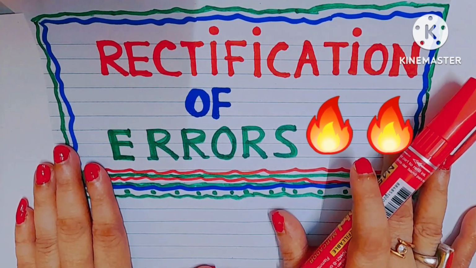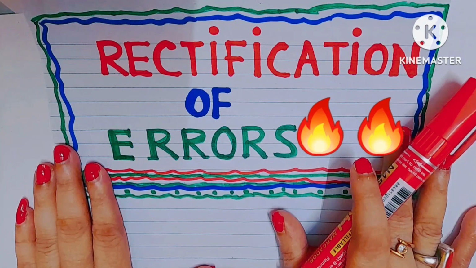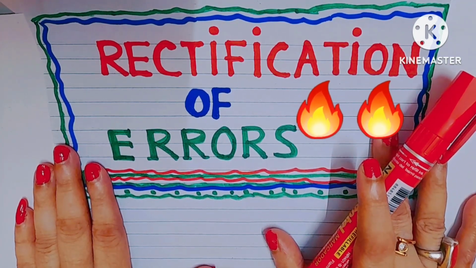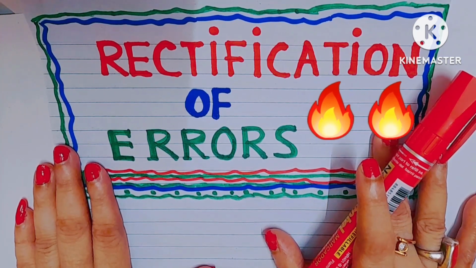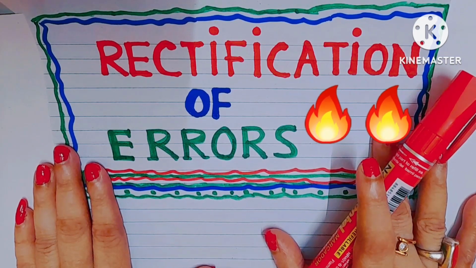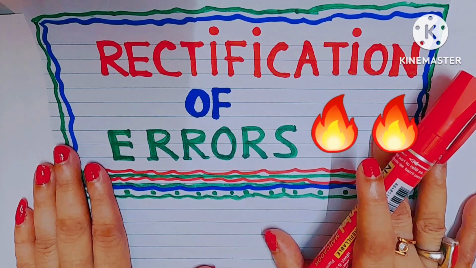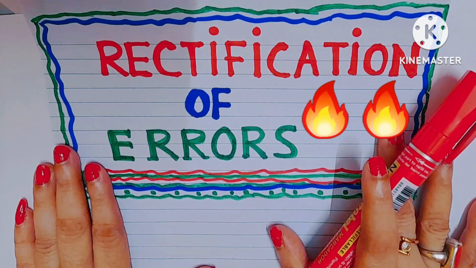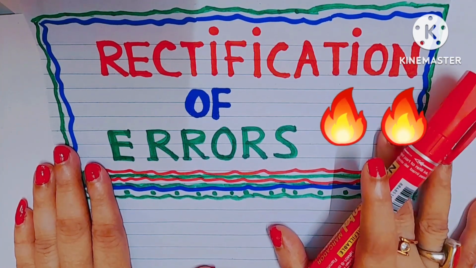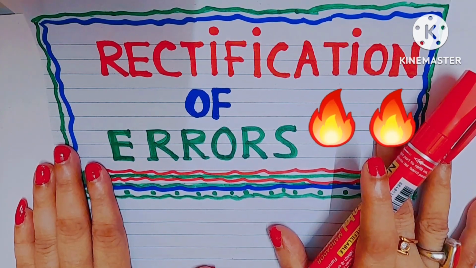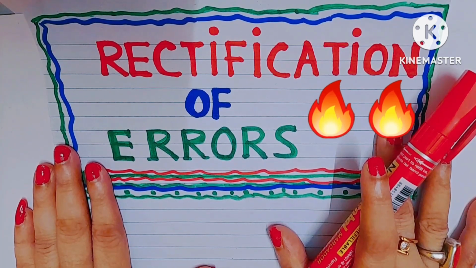There are various stages at which errors may occur. Even after applying the various procedures and checks, certain errors are still committed in different stages while recording the transactions in the books of accounts. But it is very important for the accountants to locate such errors and rectify them and ascertain the true and correct financial position of the business at the end of the year.